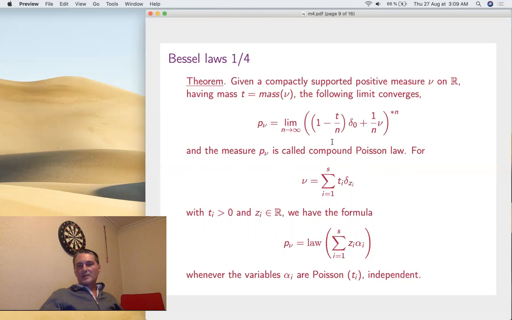This limit converges, and the measure is called the compound Poisson law. Equivalently, if you have a discrete measure like this, the compound Poisson law is given by the law of the sum of these variables, where the alpha_i must be independent and follow Poisson laws of parameter t_i. You see the t_i's go here, and the z_i go here; it gets inverted somehow. So that's the general result. It generalizes the Poisson limit theorem.